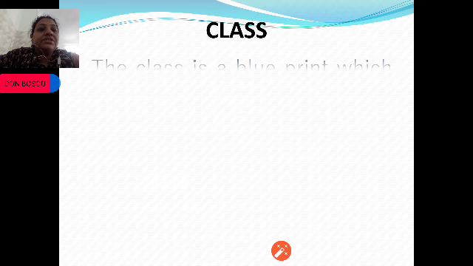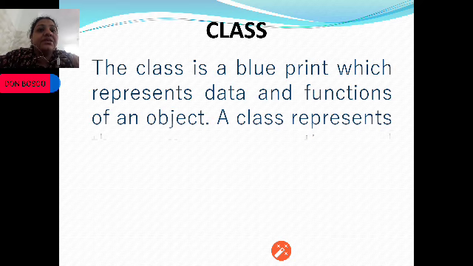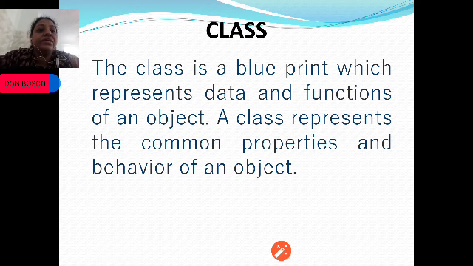Let us move on to what is a class. We generally say that a class is a blueprint of the object. That is, a class represents the common properties and behavior of many objects.